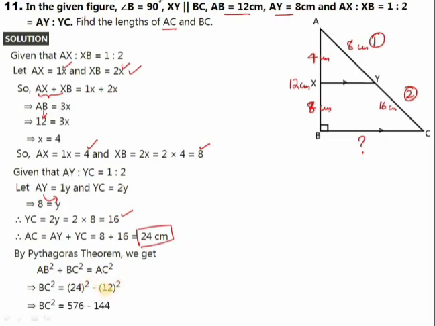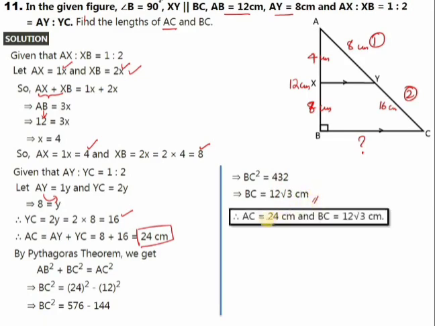When you simplify this, you get BC square equals exactly 432. So when you calculate the square root, you get your answer to be 12 root 3 centimeters. So you got the length of BC as well, and this will be your second answer. Therefore AC is 24 and BC is 12 root 3 centimeter.